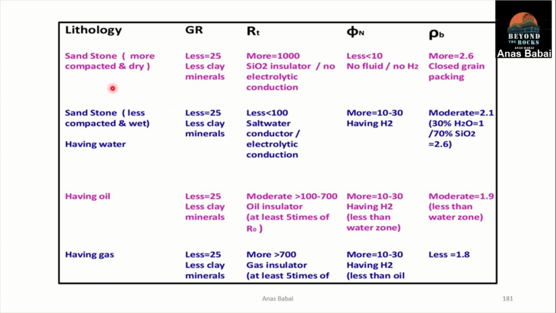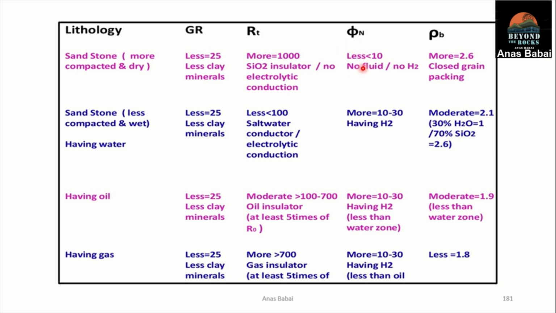So if we have a sandstone that is compacted and dry, we will expect, of course, since it's sandstone, that the gamma ray will be low because it has very low clay mineral, and since it's dry and compacted, there is no fluid in there, so we're expecting a very high resistivity, which is almost 1000.